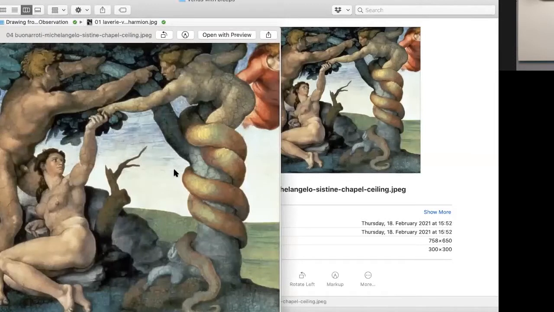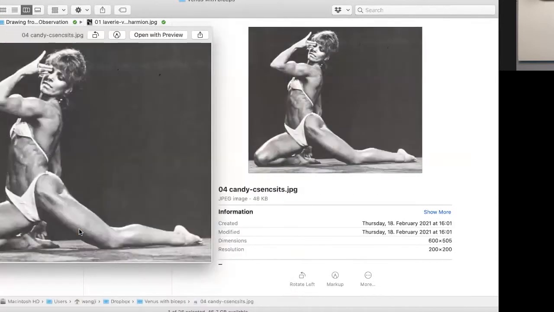This is a detail from Michelangelo's Sistine Chapel. This is Adam and Eve. And I paired it with, this is from the 80s, when bodybuilding and women's competition first started. And this is one of the first bodybuilders at the time.